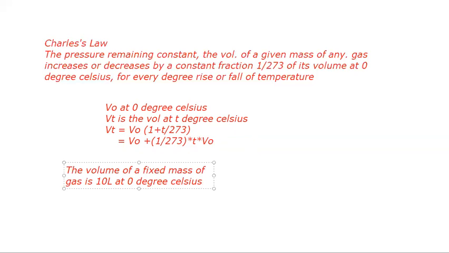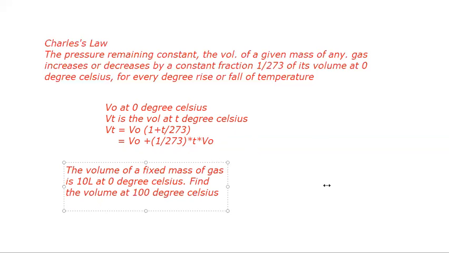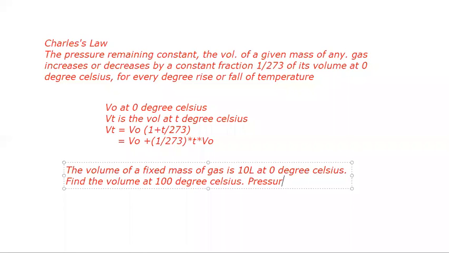Find the volume at 100 degrees Celsius. Please do this sum, everybody. The volume of a fixed mass of a gas at 0 degree Celsius is 10 liter. Find the volume at 100 degrees Celsius. Pressure remains constant.